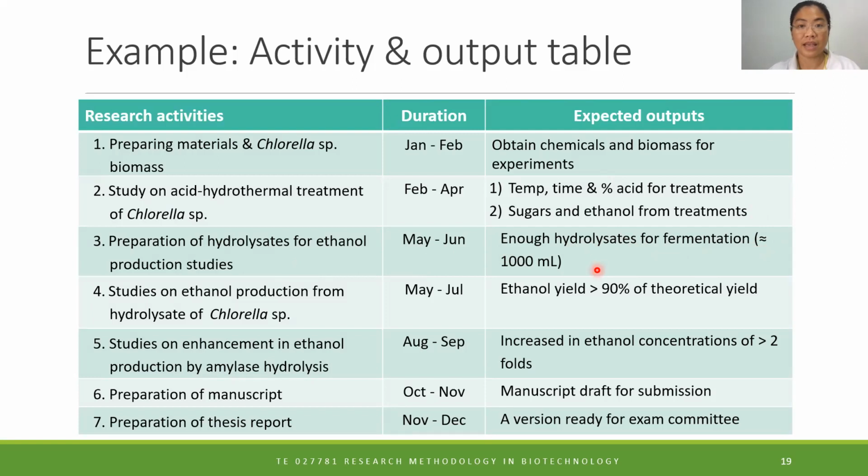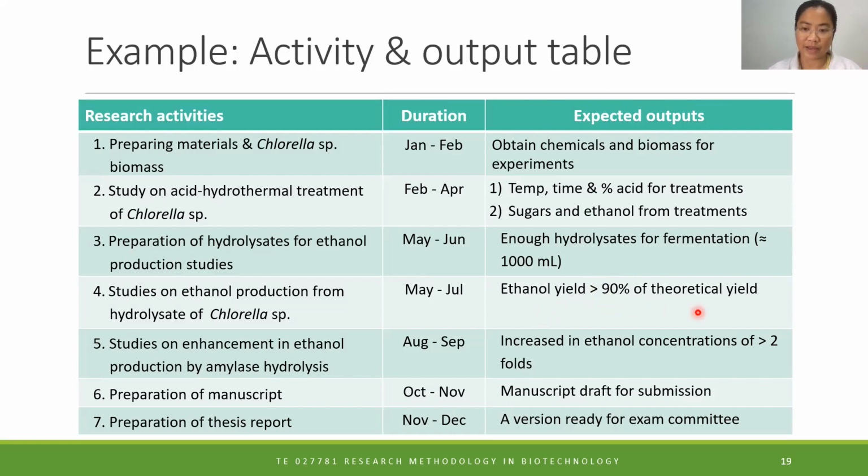That means that at the end you have to get 1 liter. It's not like, oh, I prepare it, but I don't know how much I'm going to get. The point is that if you know how much you get, you know how much you have to prepare. This is about materials again. Okay.